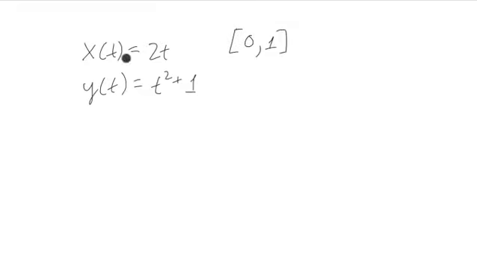Now, what's the beginning point? If we plug in t equals 0, we'll see that this curve is going to start at the point 0, 1. We got 0 by plugging in 0 for t for the x coordinate, and 0 in for t for the y coordinate, we get 0 plus 1, which is 1. So we'll be starting at this point right here, 0, 1.